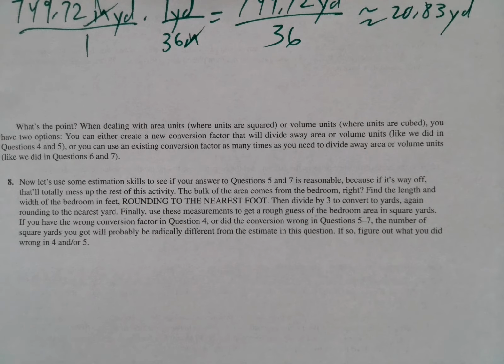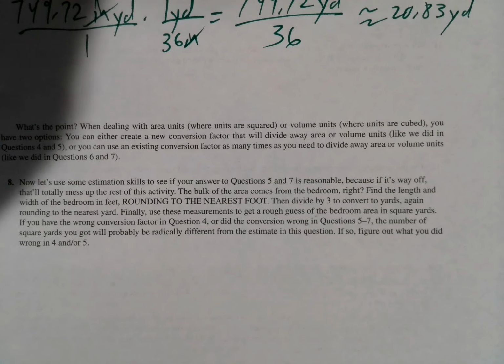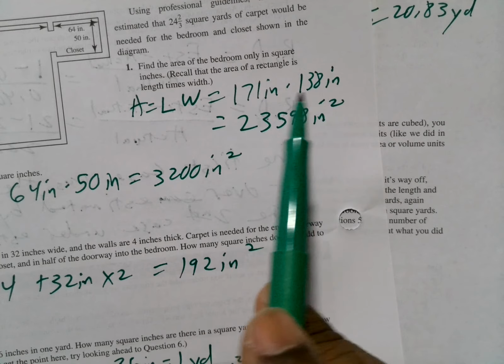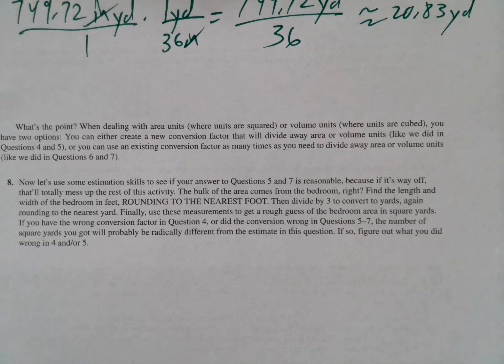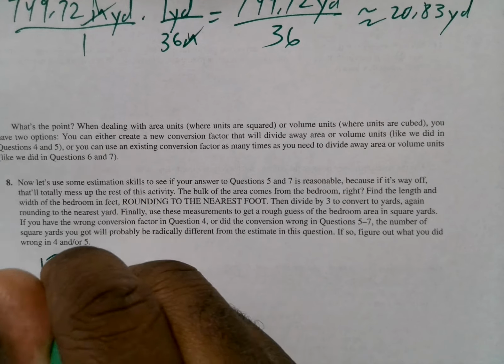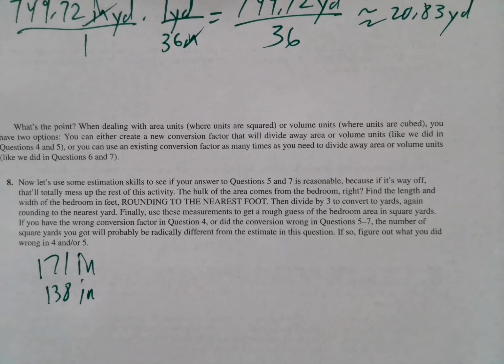Okay, so first things first. When you go back to question 1, you notice that our length and width are 171 and 138. So we have 171 inches, 138 inches, and first let's take care of those.